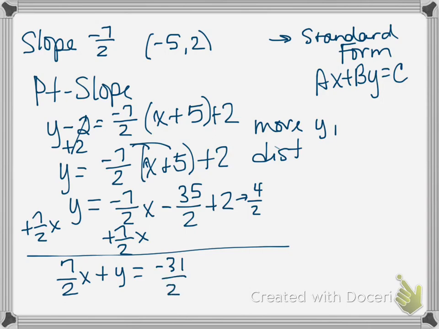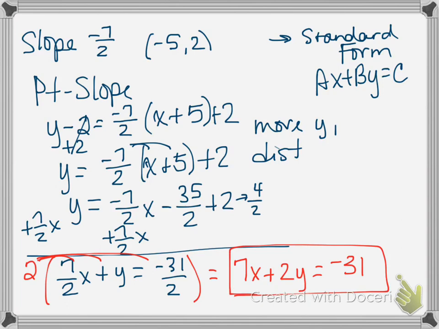I've got a regular number by itself, but I want you to notice there's a fraction there. We said we cannot have fractions. Well, we've talked about how to get rid of a fraction. We're going to multiply by that common denominator on everything. So we get 7x plus 2y equals negative 31. And there is your standard form answer.